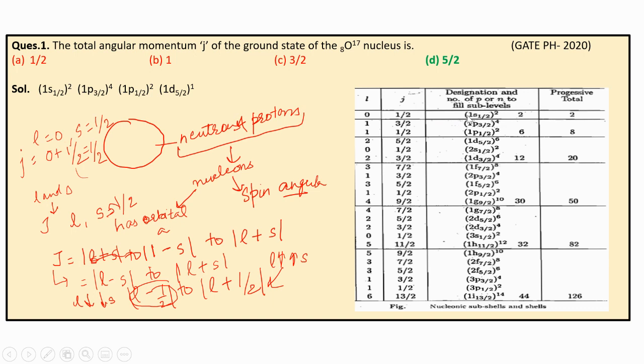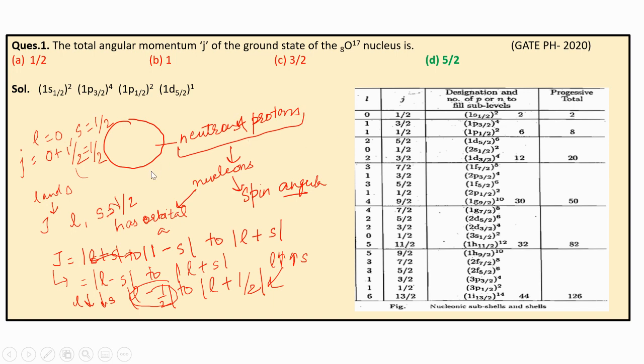As you can see here, this is 1s 1/2. Why s? Because the L value is 0, and you know it very well. When L is 0, then it is s. When L is equal to 1, it is p. When L is equal to 2, it is d. Okay, and the J value is given here. This is 1/2.